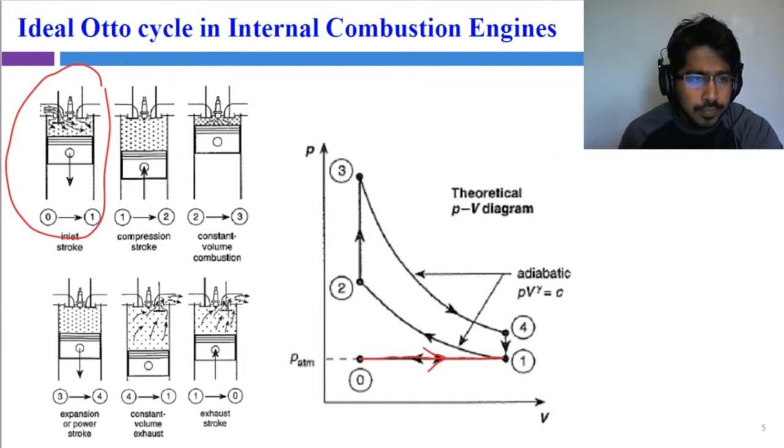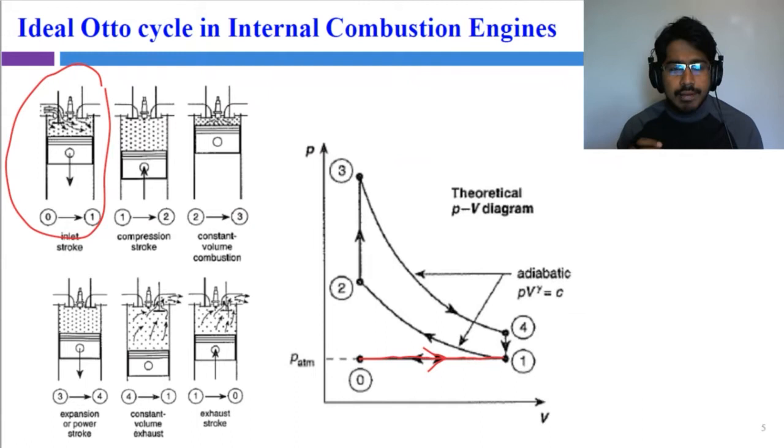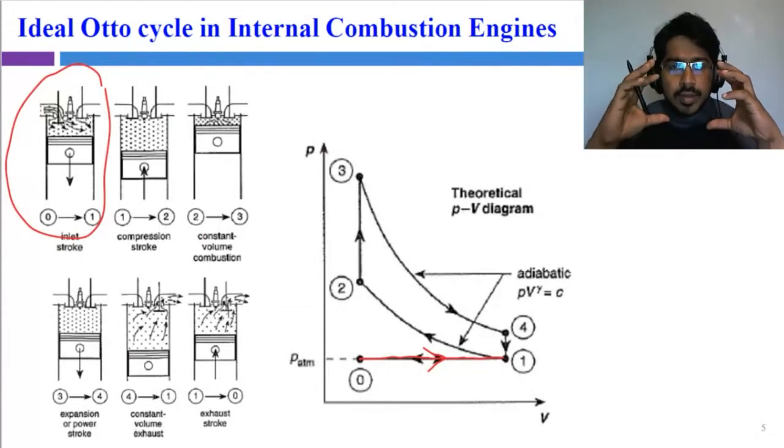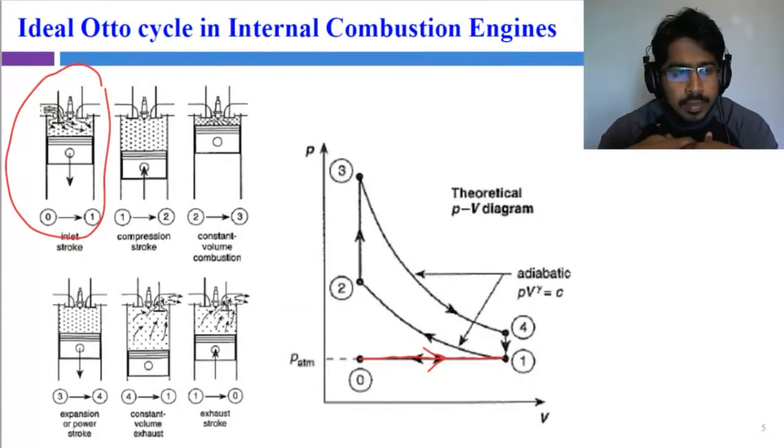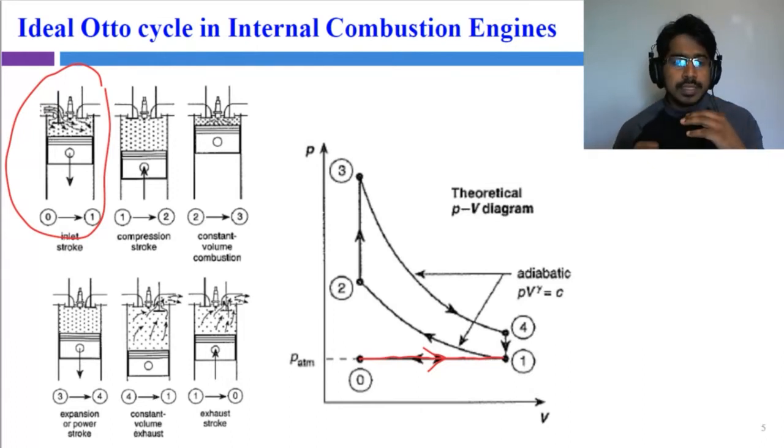And from 1 to 2, now we have closed the inlet valve and exhaust valve. We have closed everything. Now it's like a tank, an enclosed space. So now we move the piston upwards. Then what can we say about the volume? Volume is going to reduce, right?